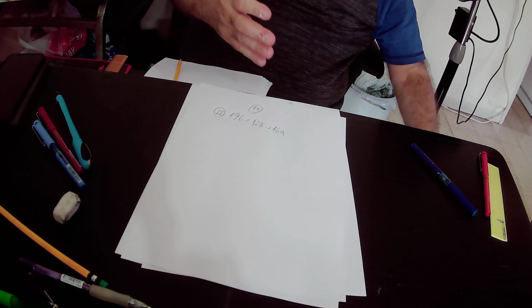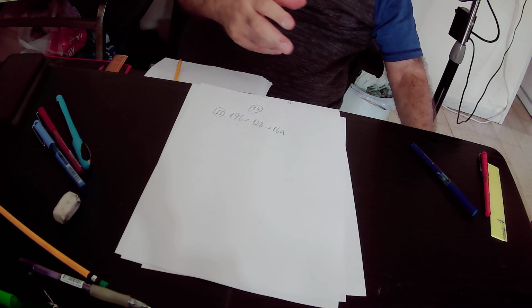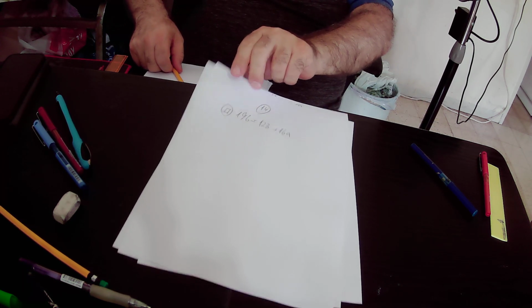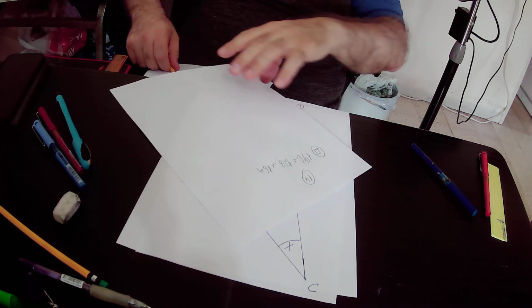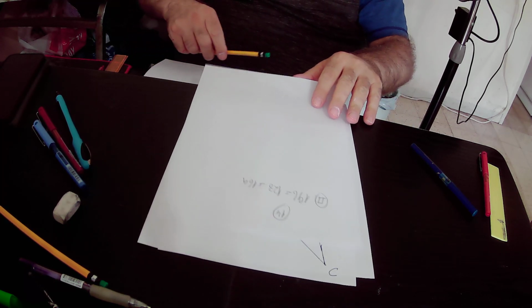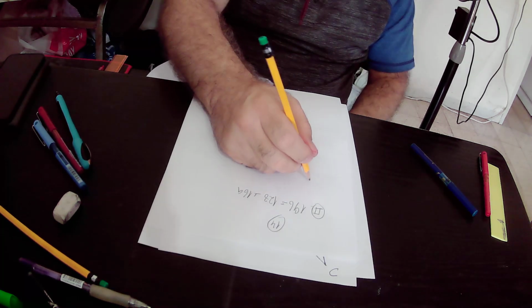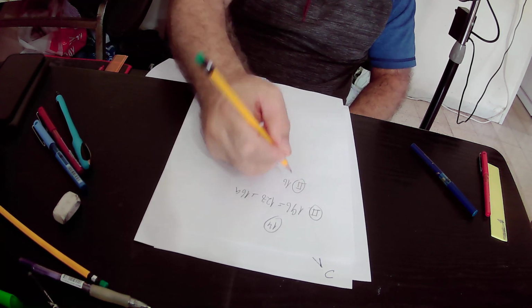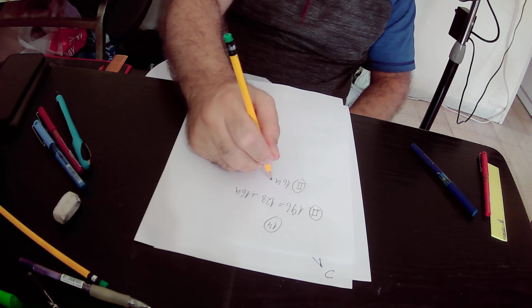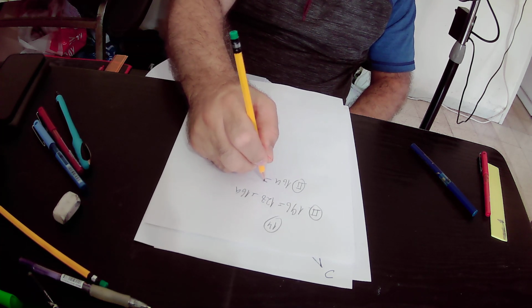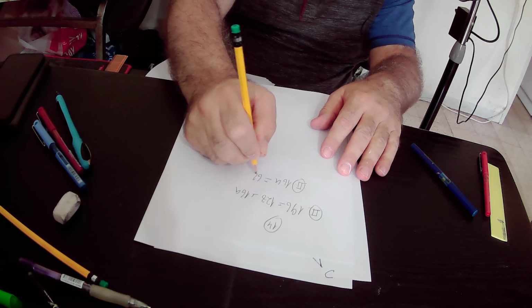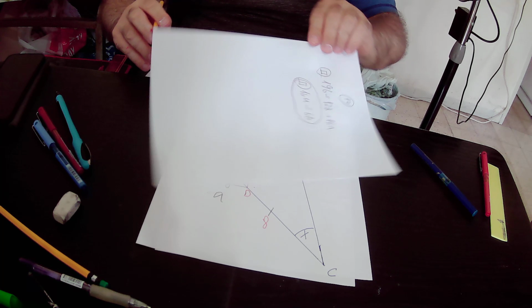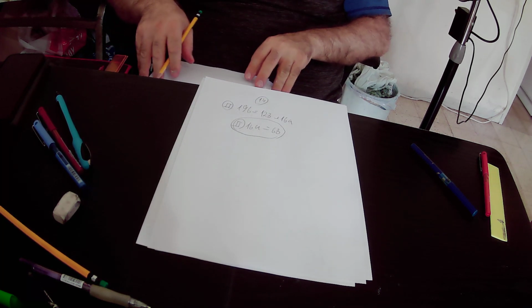Here we'll subtract 128 from equation number 2, and we will get that 16a equals 68.